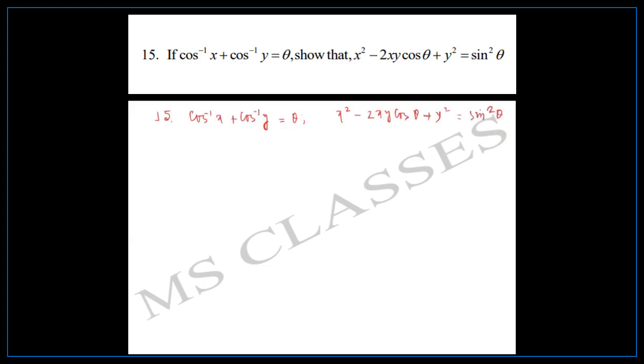Now, since this is a straightforward thing, from the given condition we can apply the cos inverse of x plus cos inverse of y formula. But before that, we always assume that x and y lie from -1 to 1 and x plus y is greater than or equal to 0, so that we can apply the conventional formula.